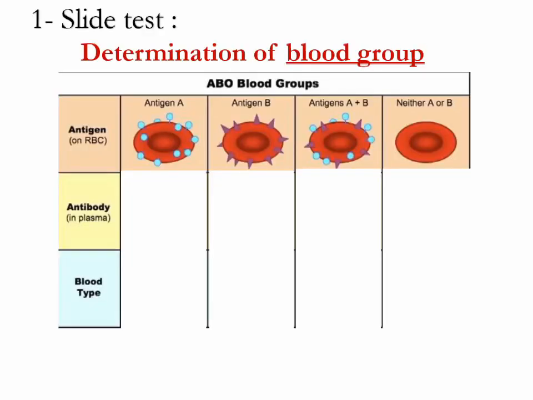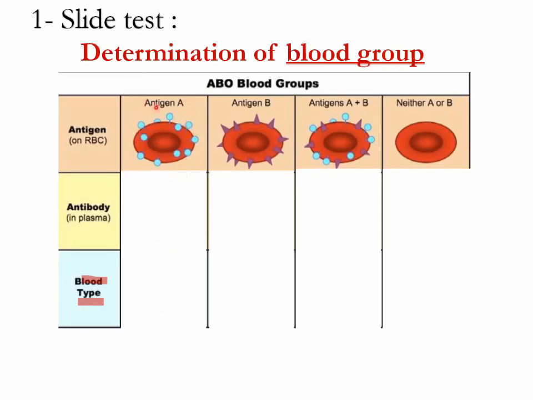So here, as you can see, we are going to detect the blood type from the diagrams which we have. As you can see here on the red blood cell, on the outer surface, you have antigen A. So what is the blood type?